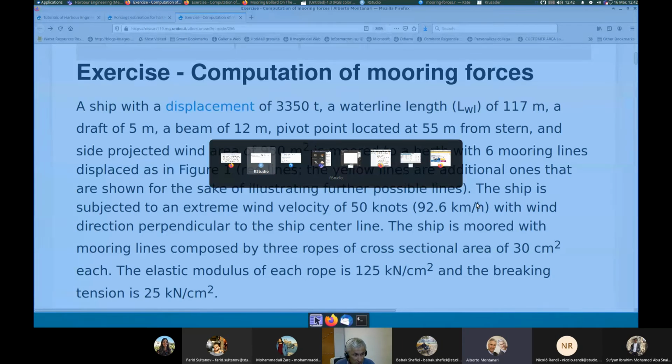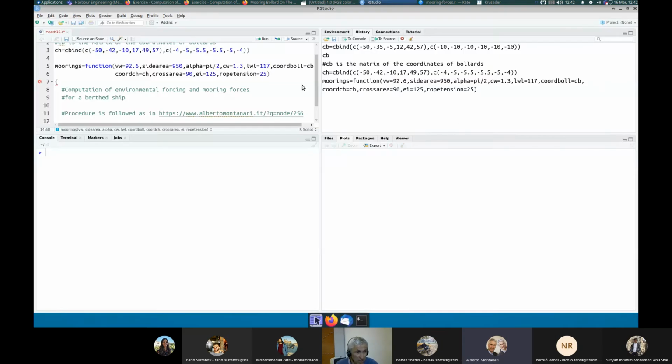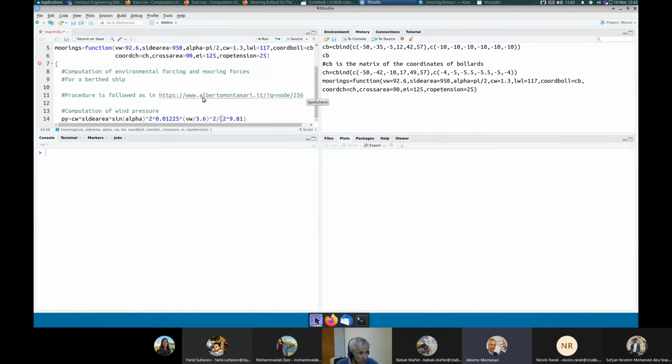So what you see here, I go back to RStudio. What you see here is a conversion factor. Wind velocity divided by 3.6 to transform kilometers per hour into meters per second. And this gives me the opportunity to remind you that you always have to be consistent with the units. So always make sure that the units you are adopting are consistent. Like gravity, of course, it's 9.81 meters per square second.